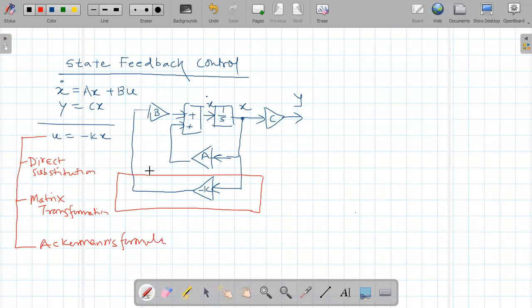These three methods we have seen, and we have seen a numerical also with all these three methods. All the methods are very simple. Some steps we need to follow, and if we follow those steps correctly, we will get the answer for K. The answer obtained by all the three methods is the same, provided our desired eigenvalues are the same. So this is what we have done in the last few lectures.